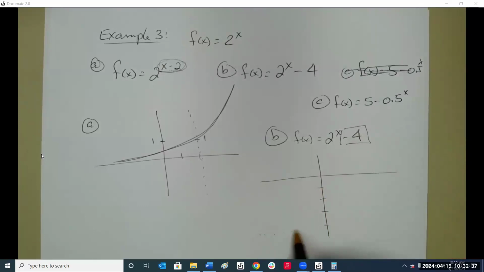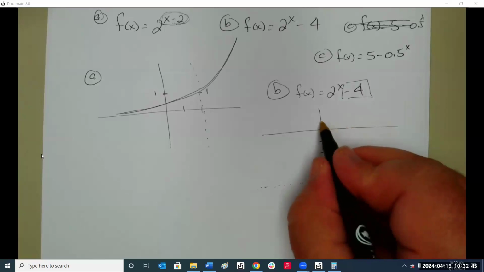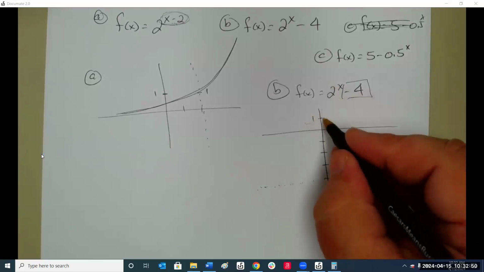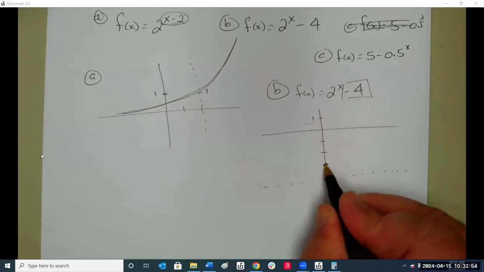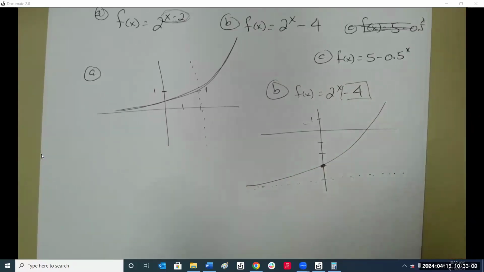So there's my new x-axis. Remember, it used to cross at 1, but now I shift down 1, 2, 3, 4. The intercept is there. All I did was take the entire graph and shift it down four spaces.